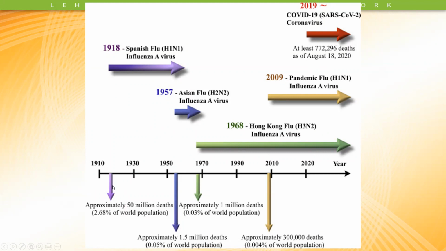So this pandemic, although it's not as bad as the Spanish flu, definitely is much more lethal than the precursors over the last few decades. And some of these still continue to kill. Like the Hong Kong flu still. And that's why when you get the flu vaccine, you get H3N2.